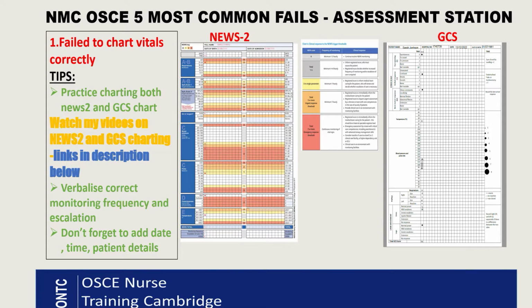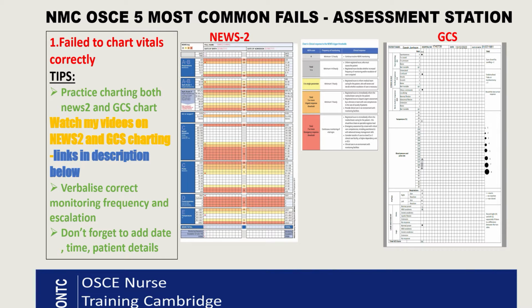The first one, as on your screen: fail to chart vitals correctly. As a quick refresher, in assessment you have to do vitals, you have to do an A to E assessment, and then you have to do the patient's holistic assessment of nursing needs. Those are the main parts of the assessment station. I like to keep things simple, so the basic idea of assessment is admitting a person.